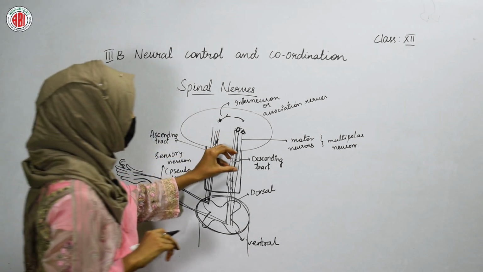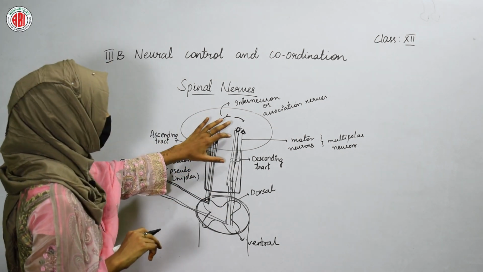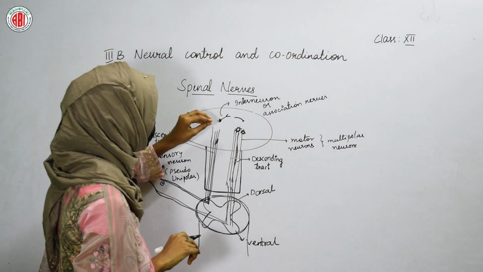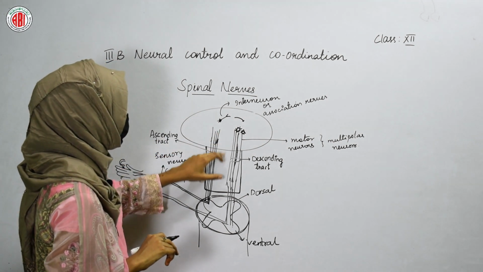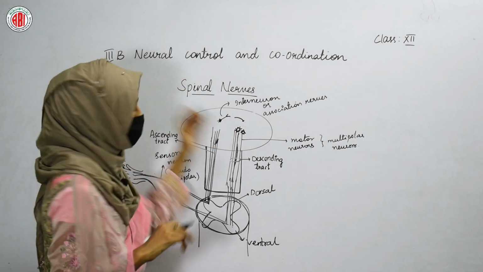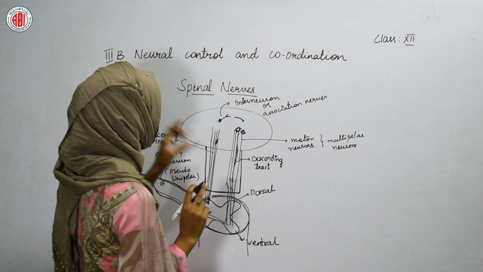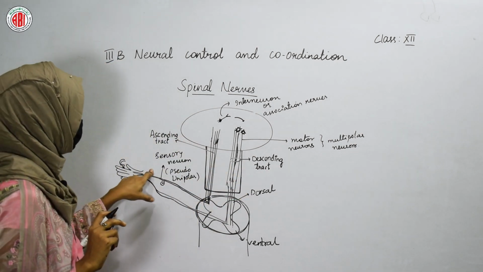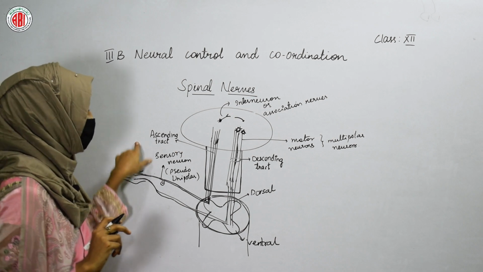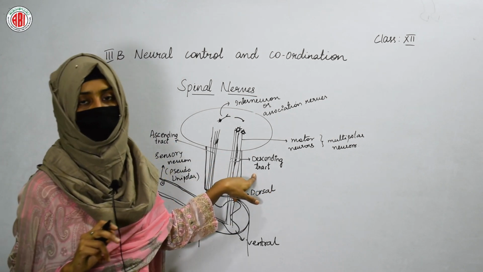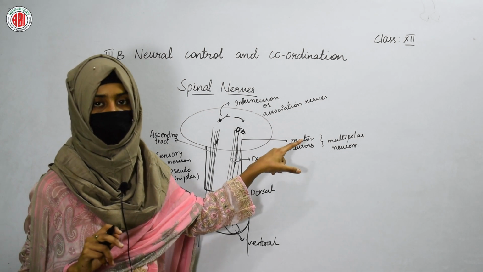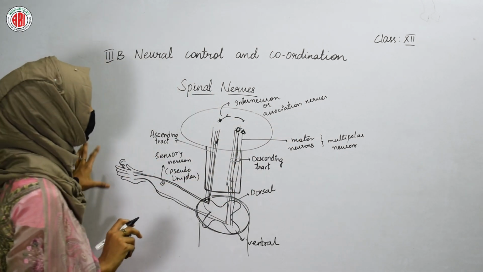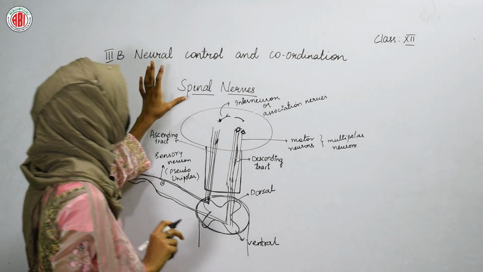The group of motor neuron axons forms a cluster, and we call that cluster the descending tract. So the cluster of sensory neurons is called the ascending tract, and the cluster of motor neuron axons passing through the central nervous system we call the descending tract. These are the different things you need to remember in order to learn about the spinal nerves.